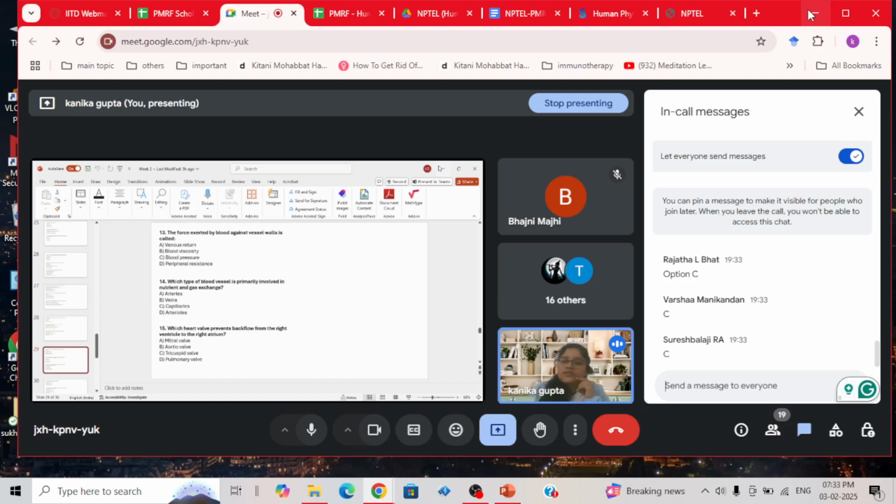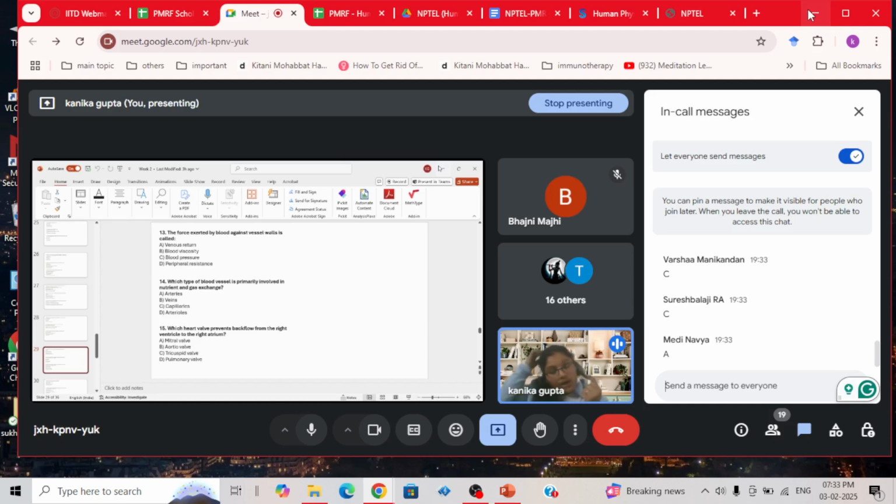Option C. Okay. So the correct answer is the tricuspid valve. It is the tricuspid valve that prevents the backflow of blood between the right atrium and right ventricle.